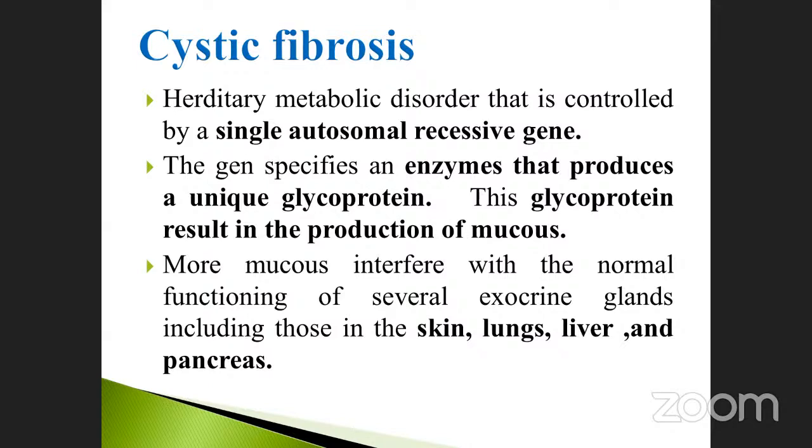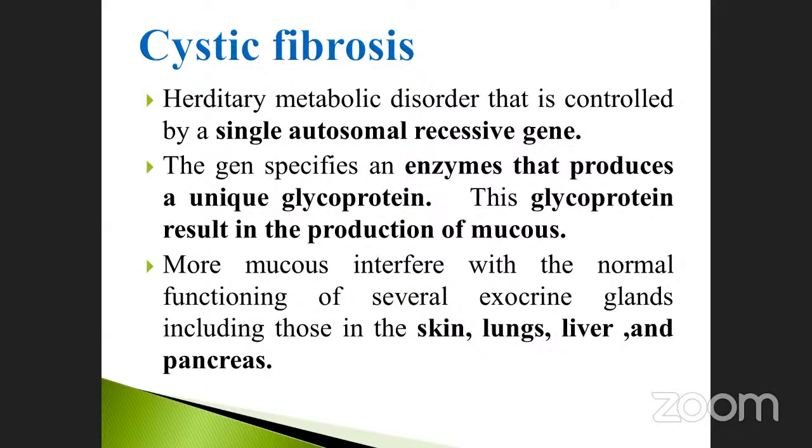So what happens? Suppose the enzyme, glycoprotein, and mucus secretion take place. What will happen inside the body? The excess mucus interferes with the normal functioning of the several exocrine glands. Suppose the enzyme production takes place by the single autosomal recessive gene, the glycoprotein production takes place, and the glycoprotein mucus secretion takes place.